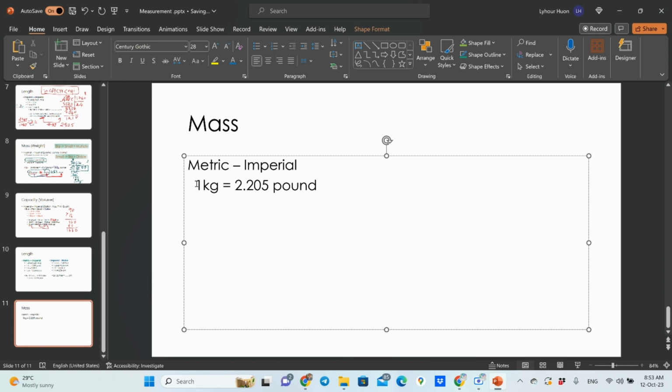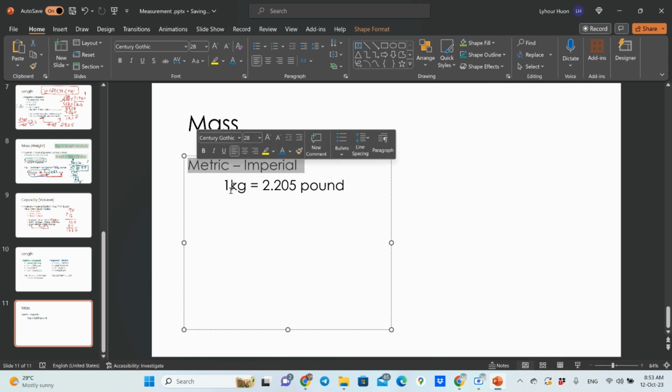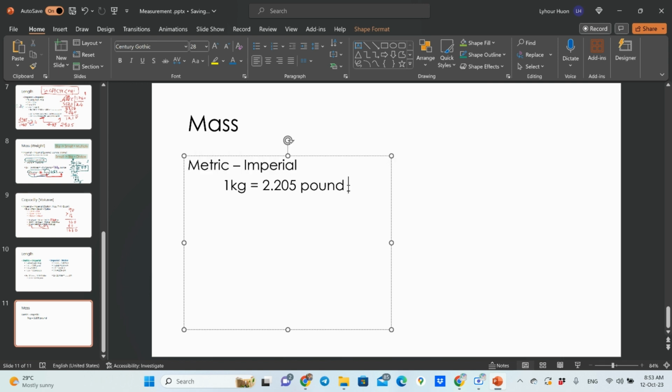Okay, last point right here. This is mass. Mass is first of all where we do the metric to the imperial. 1 kilogram equals 2.205 pounds. This all needs to be remembered, and it's quite challenging to remember.